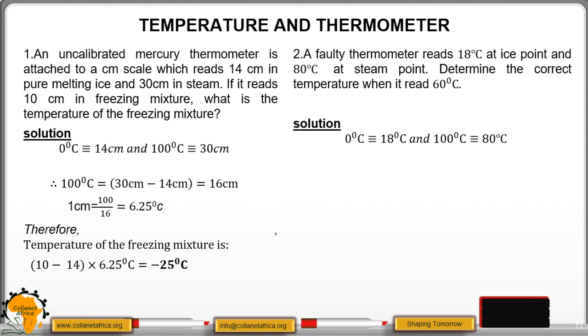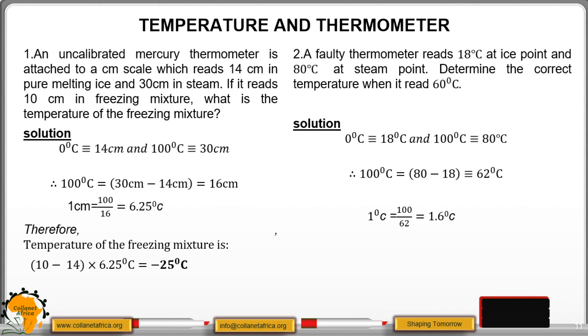So we get the difference. From 0 to 100, you get 100 degrees. Then from 80 to 18, you get 62. So it implies 100 degrees Celsius corresponds to 62 degrees on this thermometer.